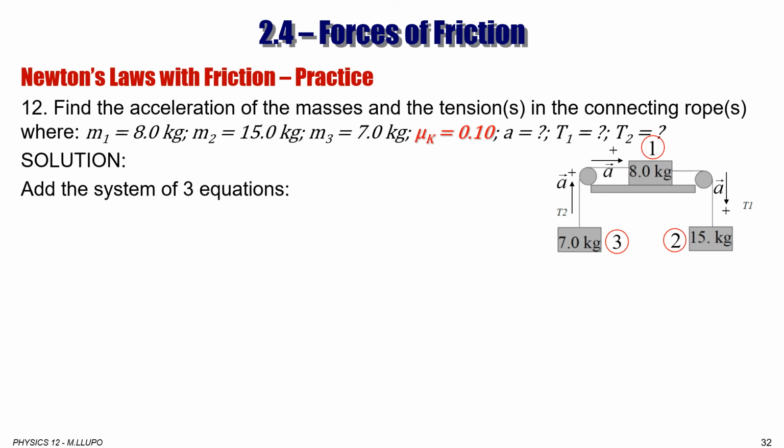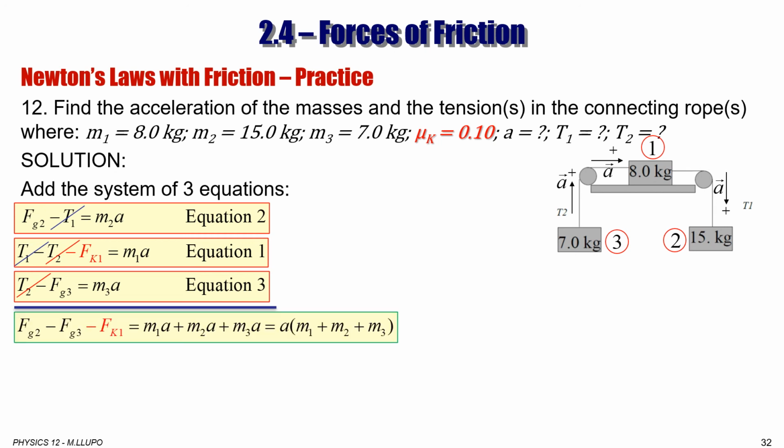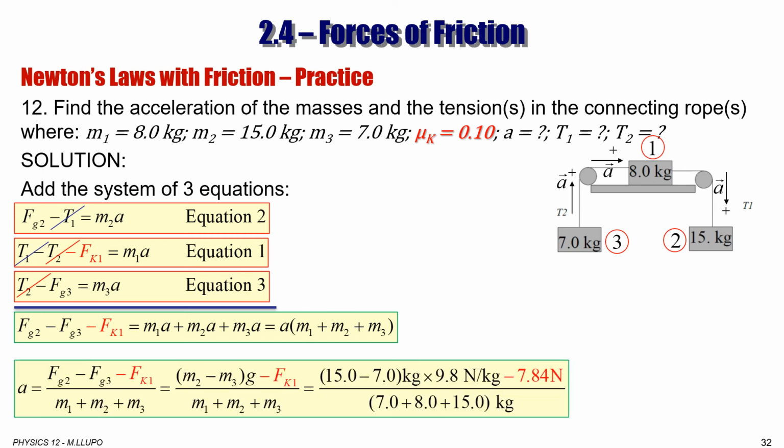Next step is to add those 3 equations together. You see that T1 and T1 cancel, and T2 and T2 cancel because one is positive, one is negative. What is left is Fg2 minus Fk1 minus Fg3. On our right side is m1a plus m2a plus m3a. So a is common, we factor it and solve for a.